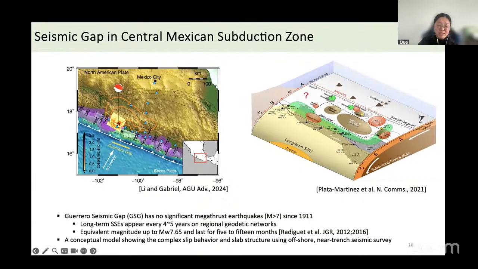So we want to investigate what is the influence from the long slow slip on this earthquake rupture. This is not the only slow slip that has happened there; from 1990 to 2014, three other long-term slow slips happened in this similar area.